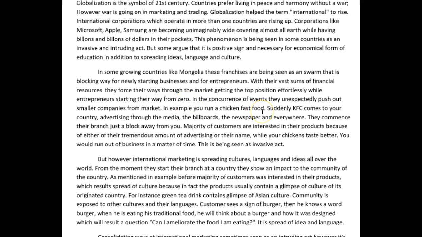For example, the introduction of the fast food restaurant KFC, along with its strong advertising through multimedia, billboards, newspapers, and, well, let's not use this because this is ambiguous. We don't want to be ambiguous. We want to be specific.